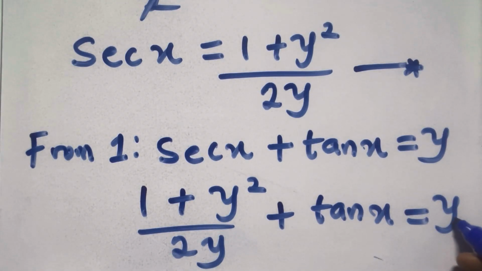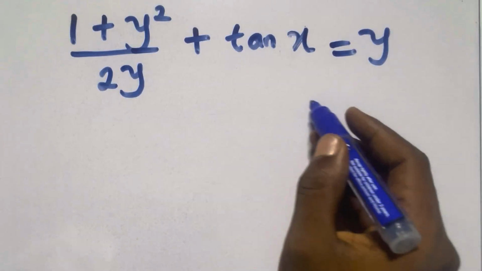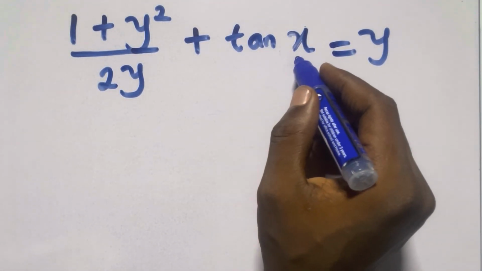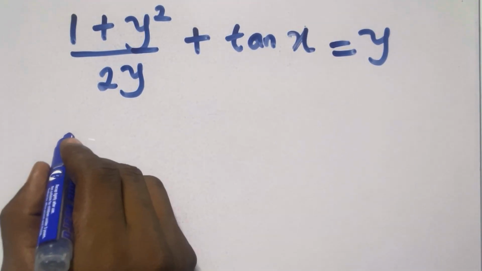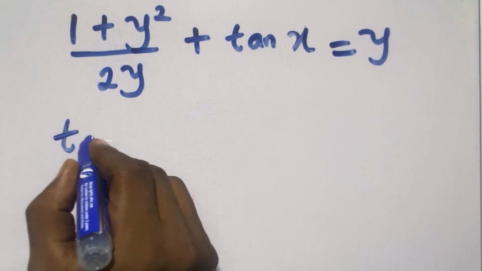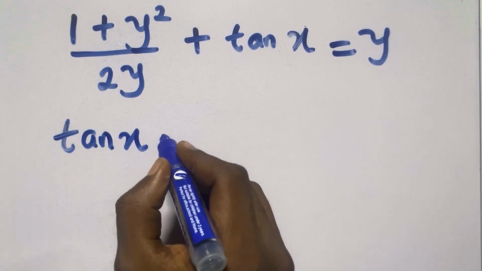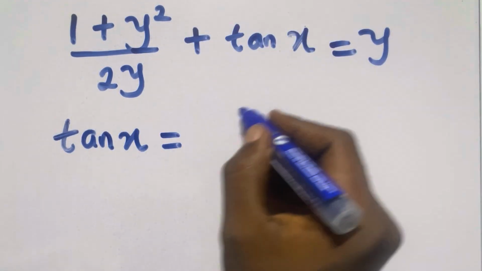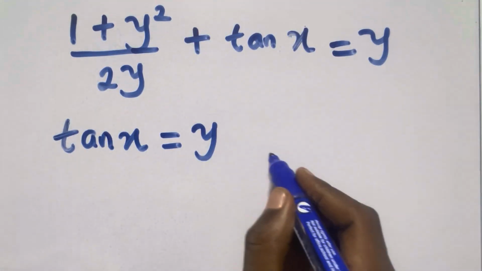I hope you understand. What we want to do here is make tan x the subject of the formula. So tan x equals y, and let's transfer this to the other side.